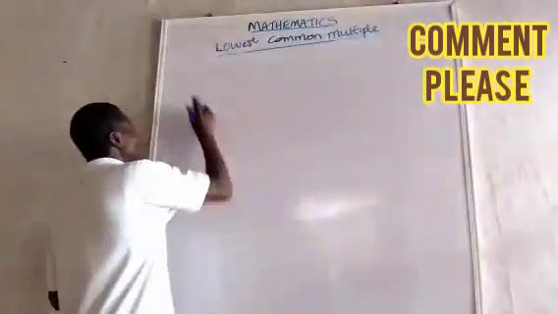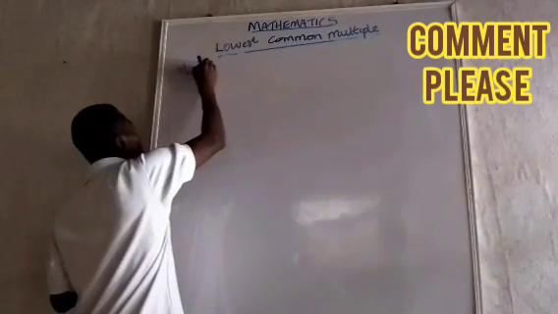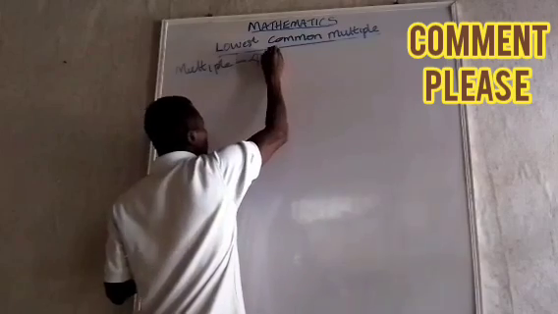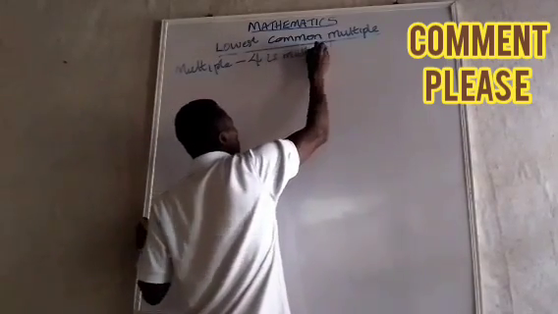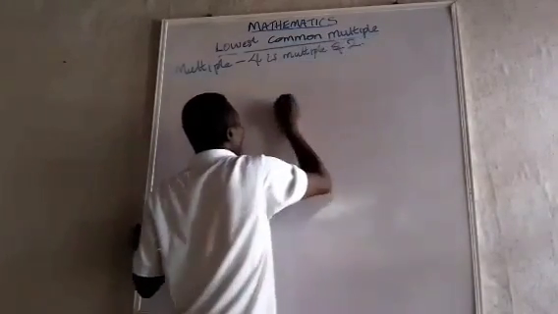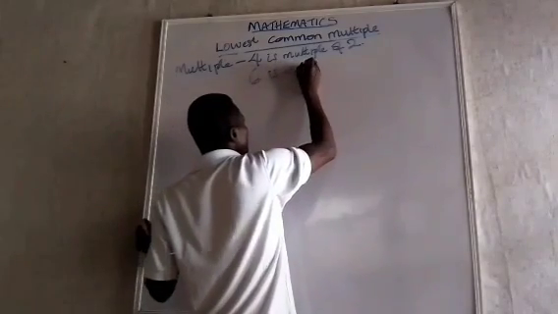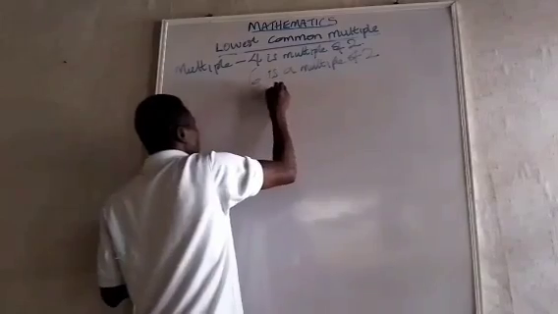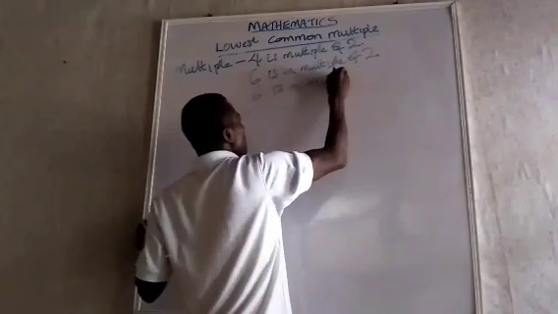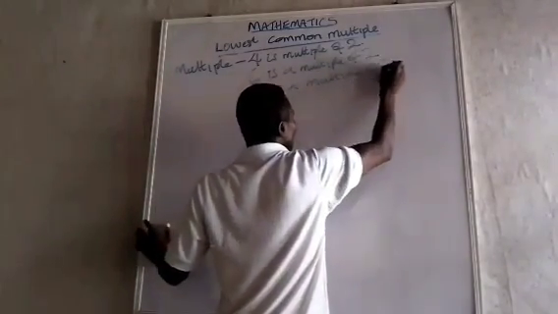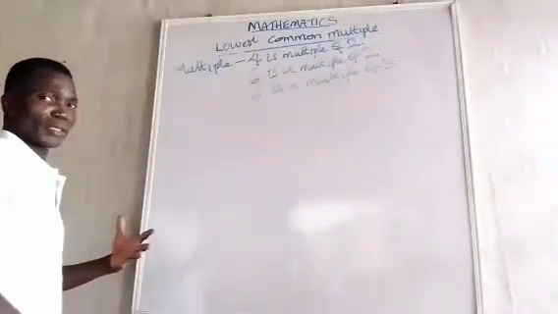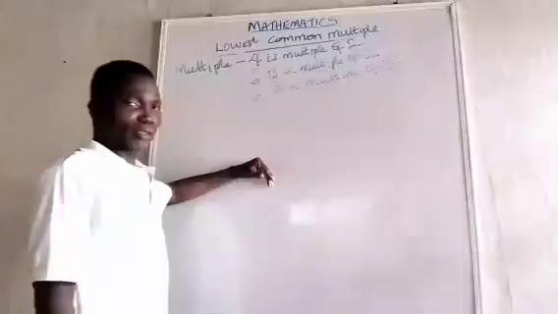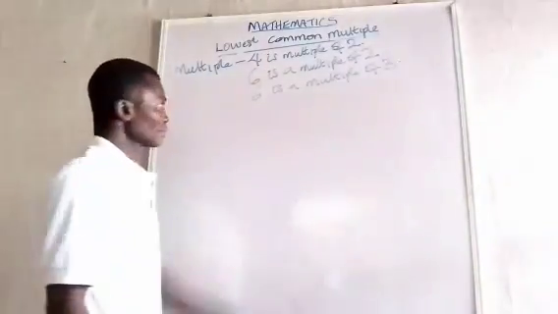When you are talking of multiples, 4 is a multiple of 2. 6 is a multiple of 2. 6 is a multiple of 3. So what do we mean by a multiple? A multiple is a number which this factor can divide conveniently.